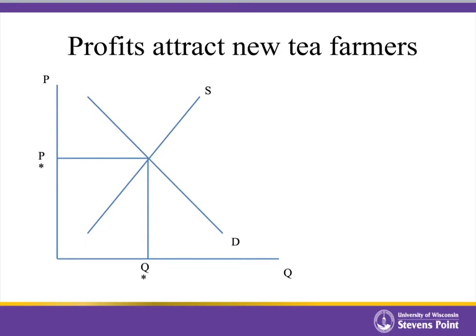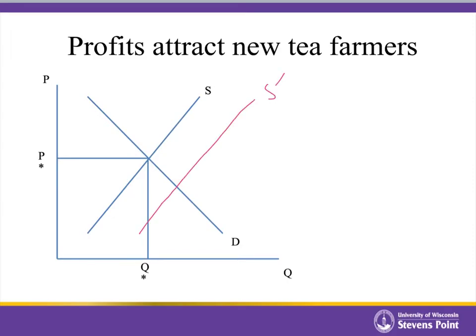Next one, profits attract new tea farmers. So if we have new tea farmers entering the industry, that's going to cause an increase in supply because we have an increased number of sellers.